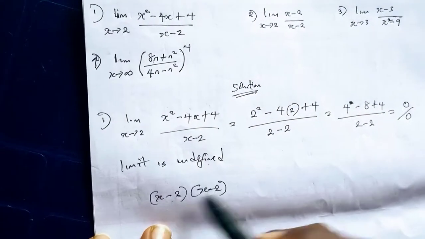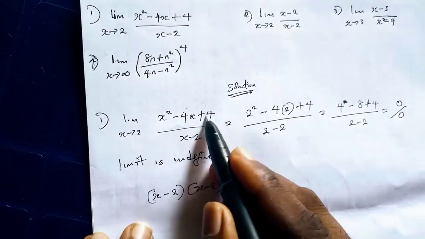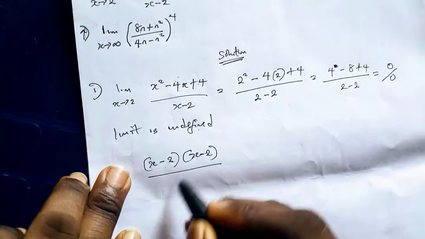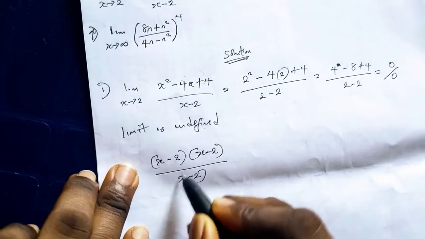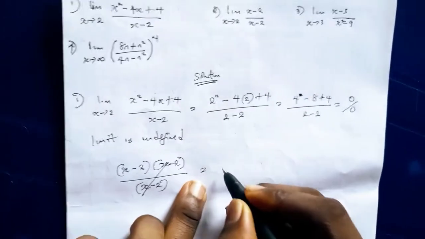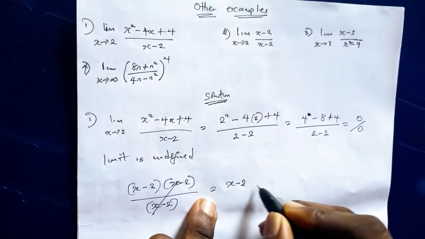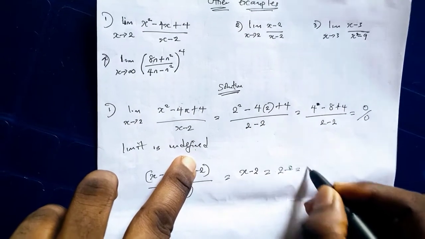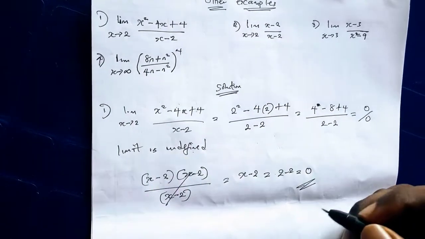Now, we can replace this quadratic expression with this factorized form, and we get x minus 2 here. So we can see that we can cancel any 2, and we get our answer to be x minus 2, which, since x is 2 here, is 2 minus 2, and our answer comes out as 0.